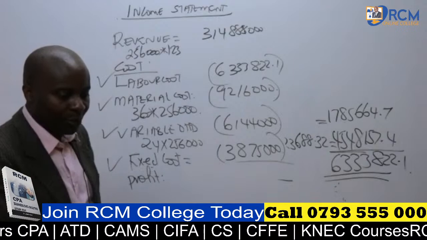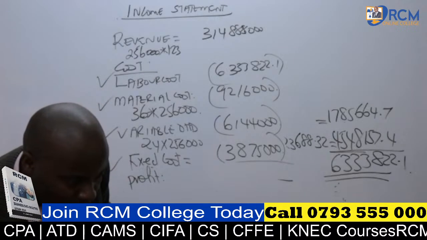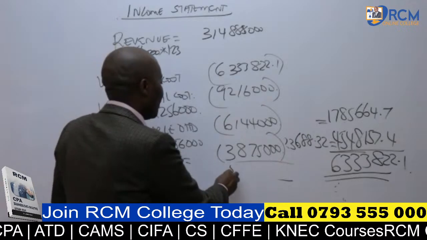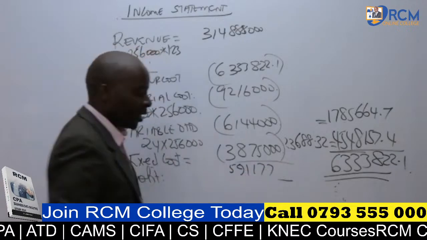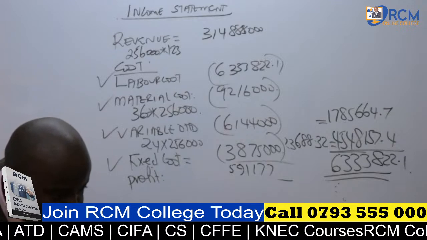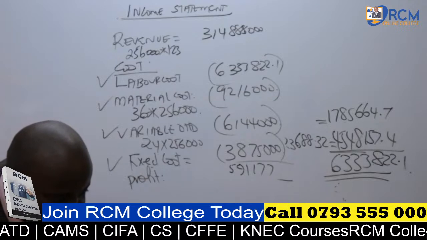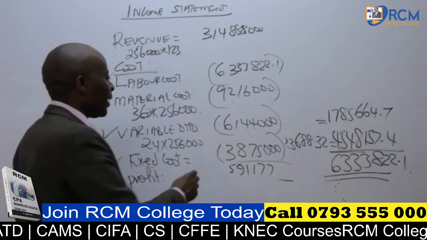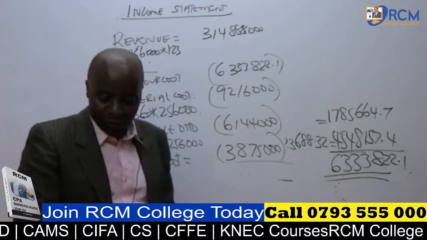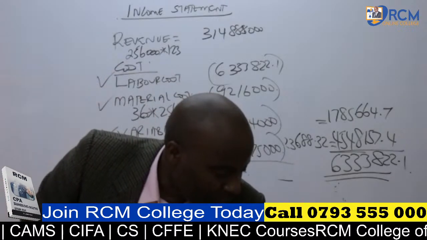They are telling us that the correct profit is supposed to be 591,177. Just check again. What figure are we supposed to be having there?